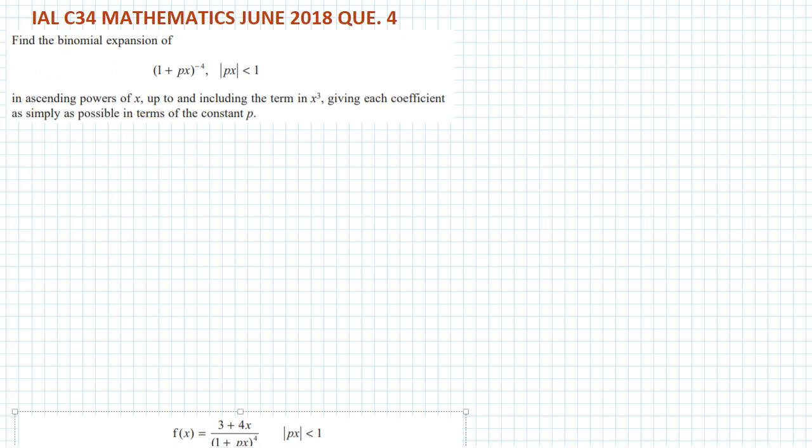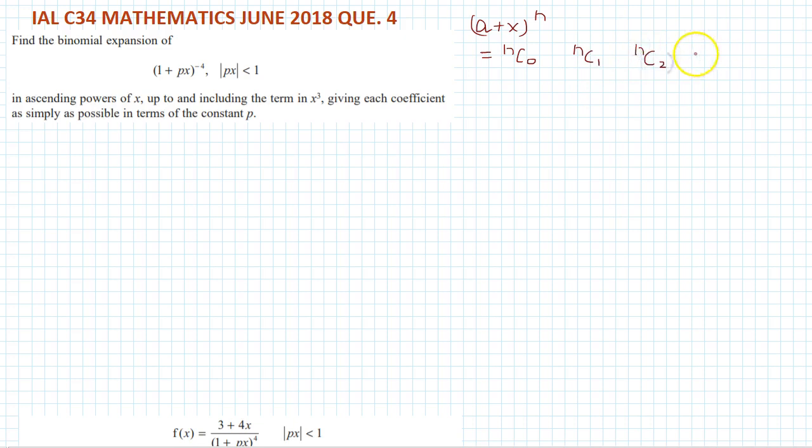We know that in the binomial, (a + x)^n, its expansion is nC0, nC1, nC2 up to nCn.